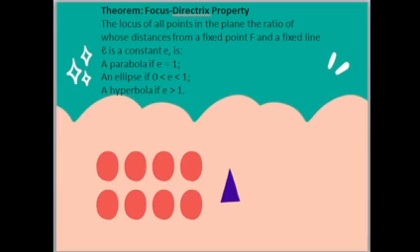So if E is equal to 1, it is a parabola. If E is greater than 0 but less than 1, that's an ellipse. But if E is greater than 1, that's a hyperbola. Again, if E is equal to 1, that's a parabola. If E is greater than 0 but less than 1, that is an ellipse. And if E is greater than 1, that is a hyperbola.